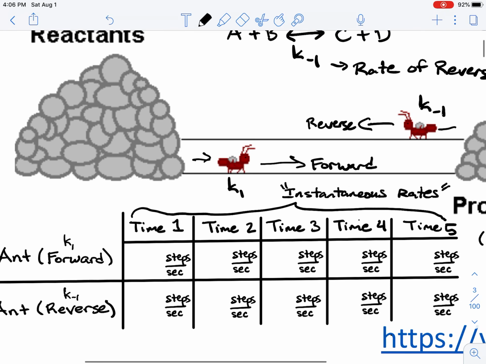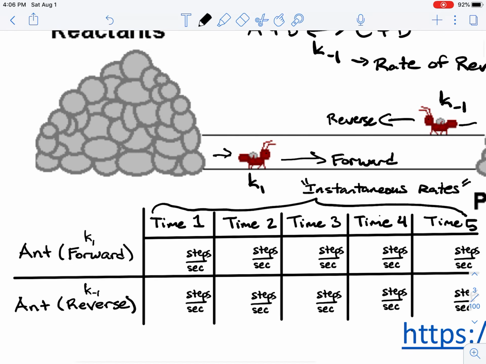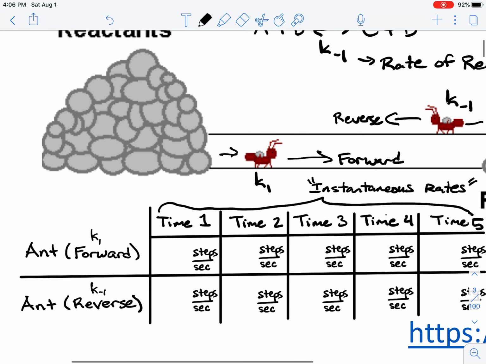And so it's arbitrary at this point, time 1, time 2, time 3, time 4, and time 5. Where the first row, if you will, is going to represent the rate of the forward direction. In other words, it's the ant that's moving in the forward direction. And then the last row is going to represent the ant that's moving in the reverse direction.